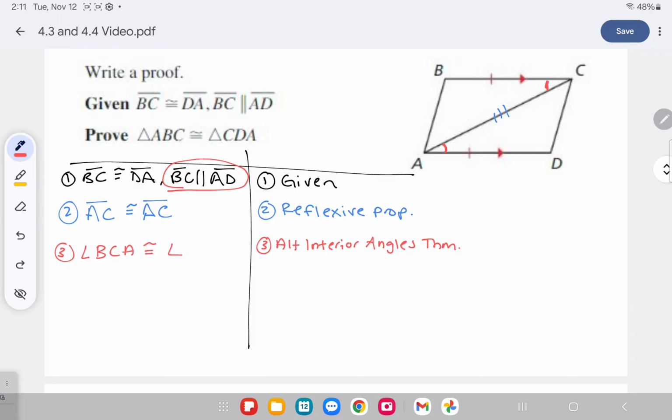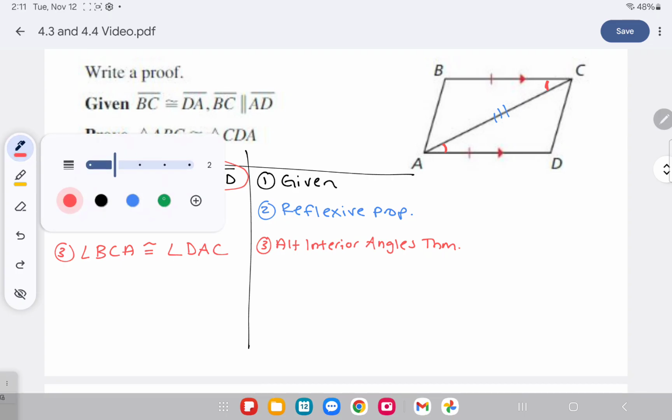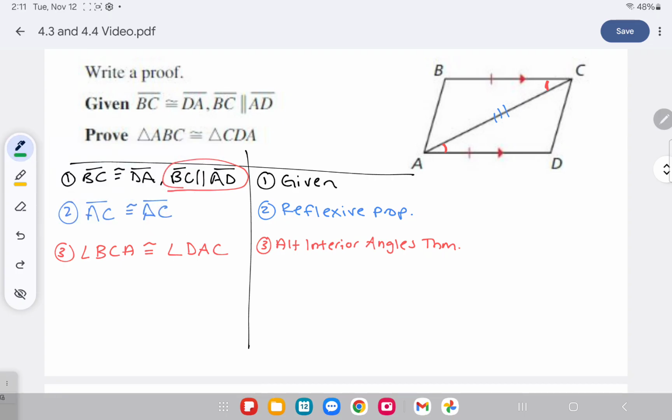So we know that angle BCA is congruent to angle DAC by alternate interior angles theorem. So now I have 3 things marked as congruent in my picture. I have 3 congruent symbols in my proof, and usually that's enough to use one of our shortcuts.